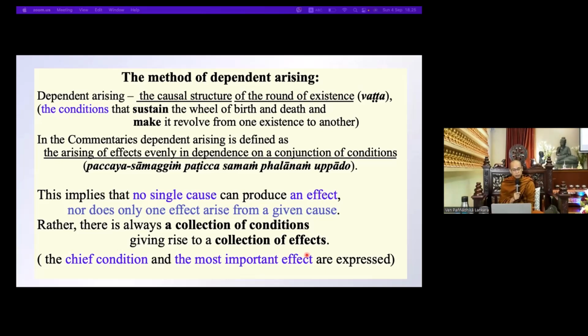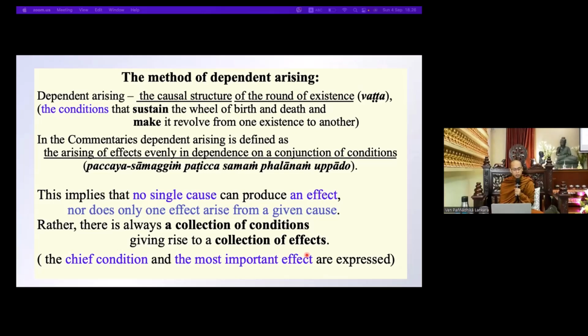This is the difference between the two methods. The first difference is that the Paticcasamuppada just mentions Paccayuppana Dhamma and Paccaya Dhamma, not the Paccaya Sati. In the Patthana, the Paccaya Sati is not left behind; it mentions all three: Paccaya Dhamma, Paccayuppana Dhamma, and Paccaya Sati.